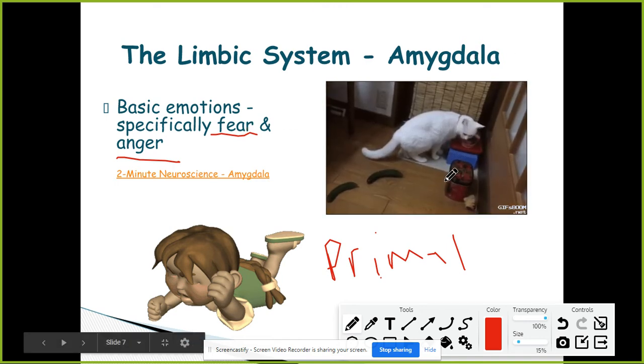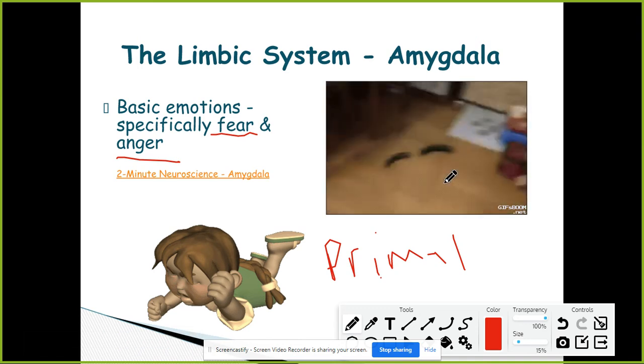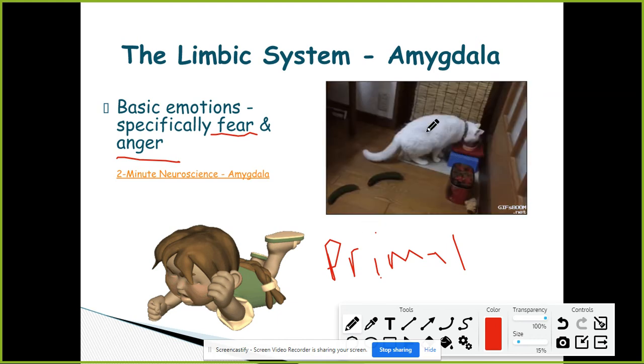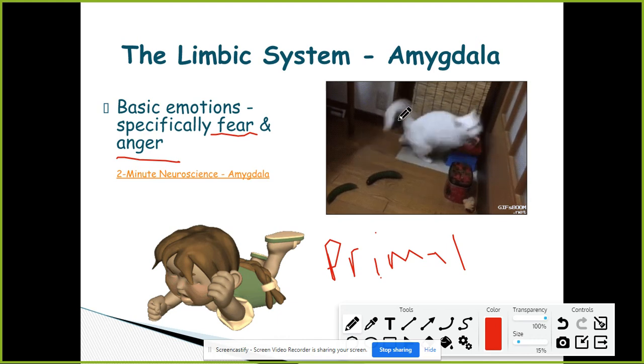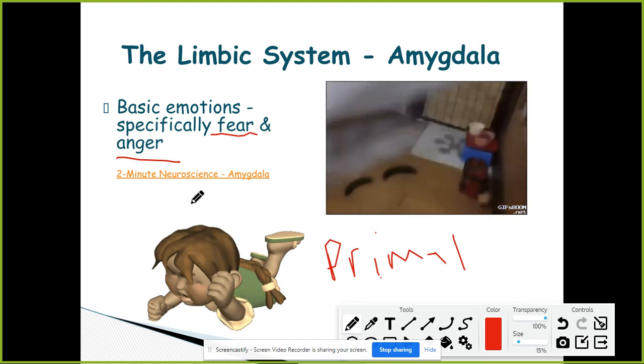All right, why are cats afraid of cucumbers? Yeah, I think they look like snakes. So they have this very primal evolutionary reaction to them. But emotion involves being conscious of yourself.